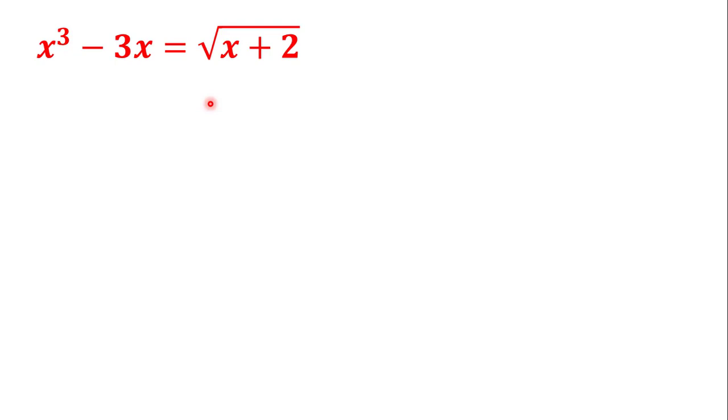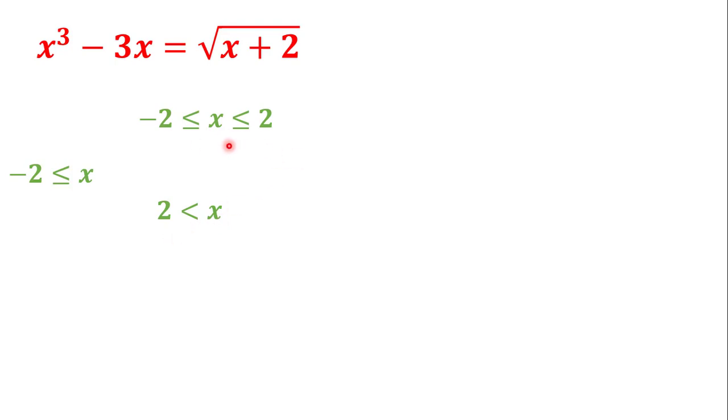That means x plus 2 must be greater than or equal to 0, or x must be greater than or equal to minus 2. We can split this domain into two ranges: x greater than or equal to minus 2 and less than or equal to 2, and x greater than 2.